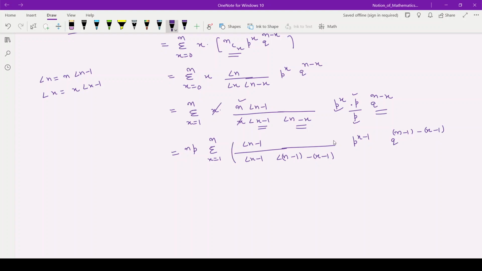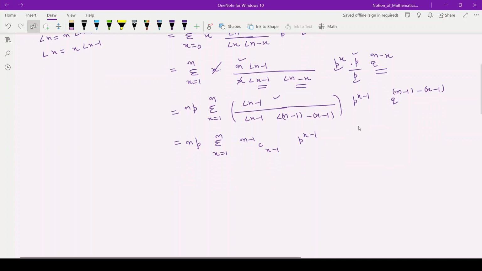So students, what is this term? All of us are aware of that. It is np into summation x is 1 to n. This term is actually n minus 1 C x minus 1, and in multiplication p to the power x minus 1 and into q to the power n minus 1 minus x minus 1 is given.